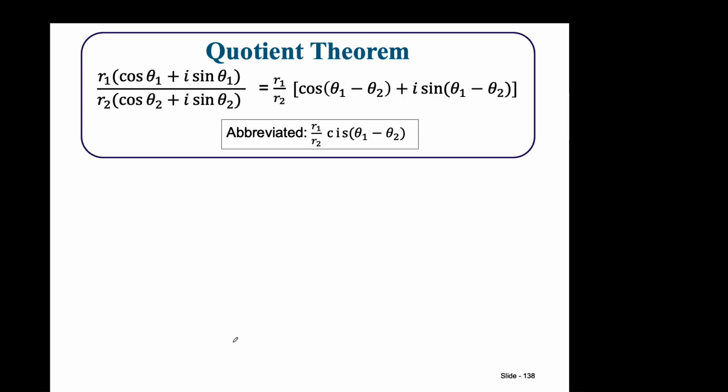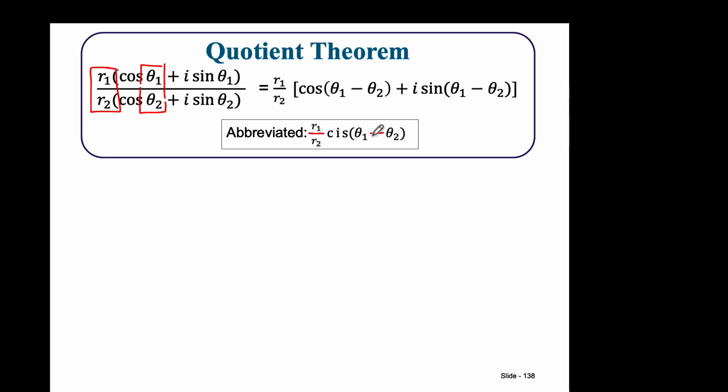Okay, let's check out the quotient theorem. And like the product theorem, I like to look at the abbreviated form first. Here are two complex numbers in polar form. Their quotient, see how the abbreviated form makes it a little more easy to see. We take the two r's, so r sub 1 and r sub 2, we find their quotient, and then we take the two angles, theta sub 1 and theta sub 2, and we find their difference this time.